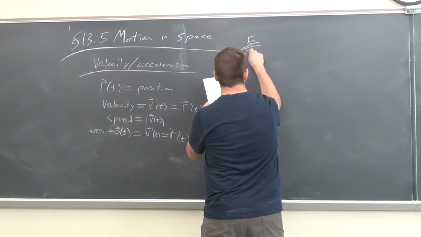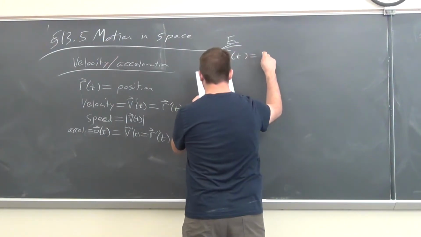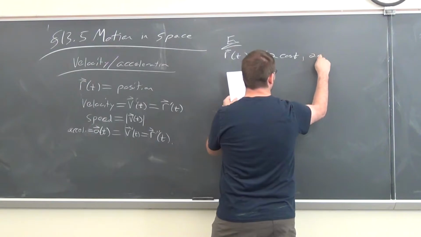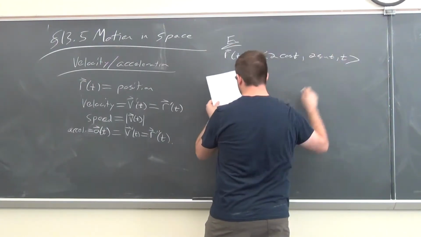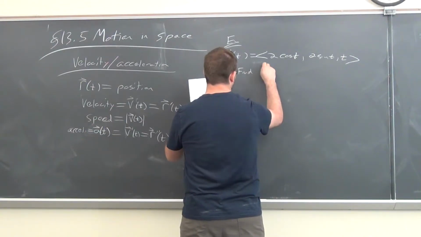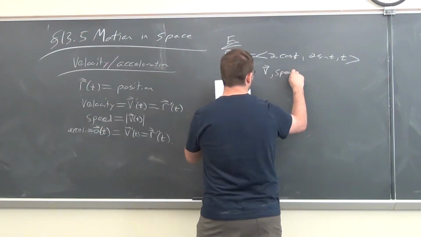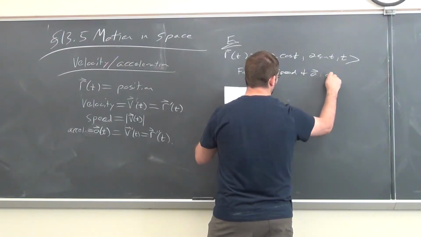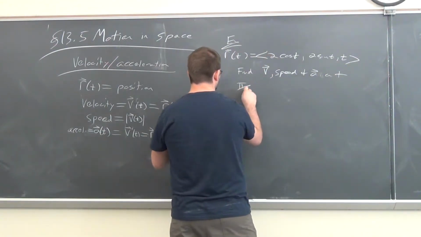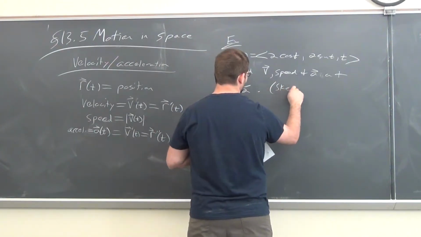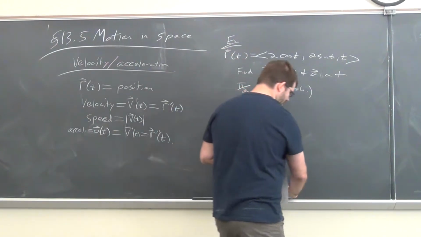We'll start with a relatively easy one. 2 cosine of t, 2 sine of t, t, and then find v, speed, and acceleration, all at pi over 2. And then I'm going to put in parentheses here sketch, but you might want to just hold off.